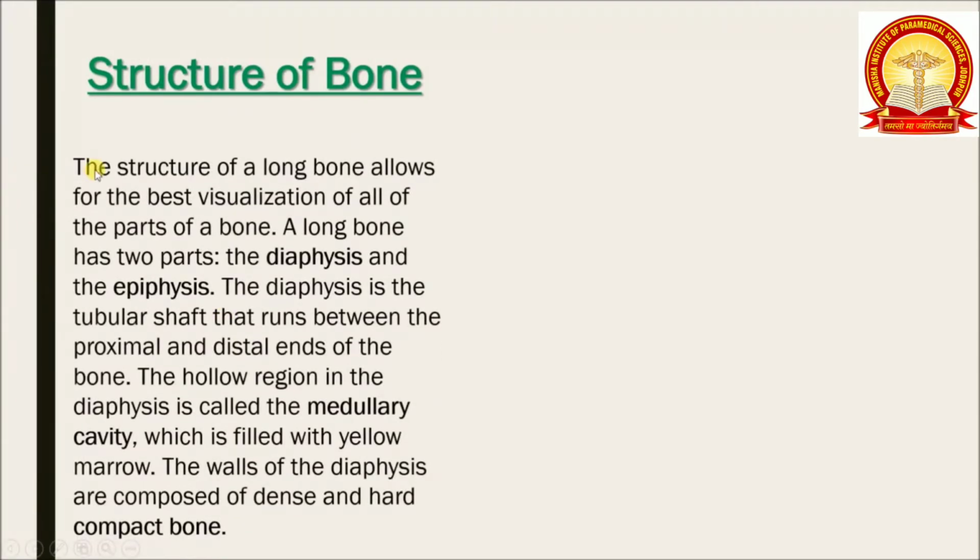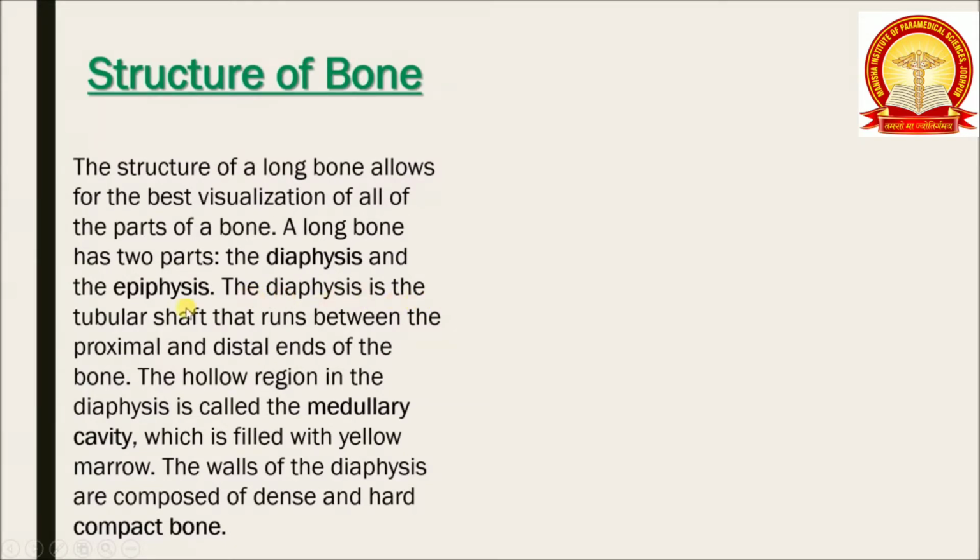And now, what is the structure of bone? The structure of a long bone allows for the best visualization of all the parts of the bone. A long bone has two parts, the diaphysis and the epiphysis. I will explain it by structure.